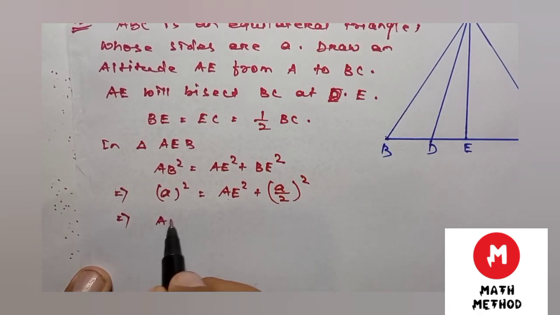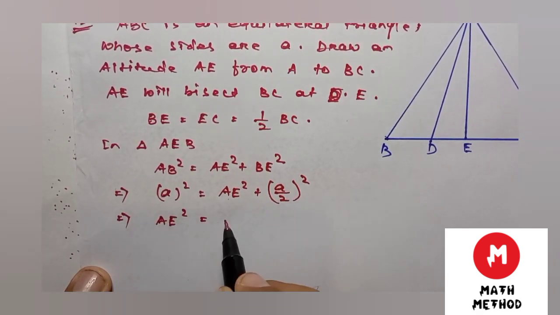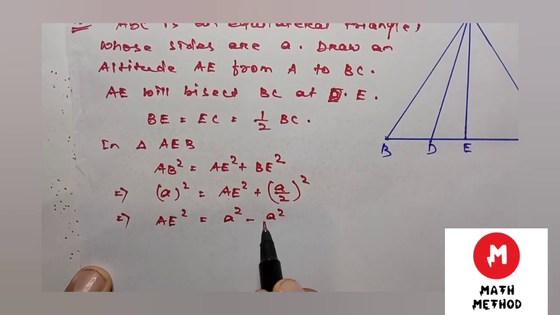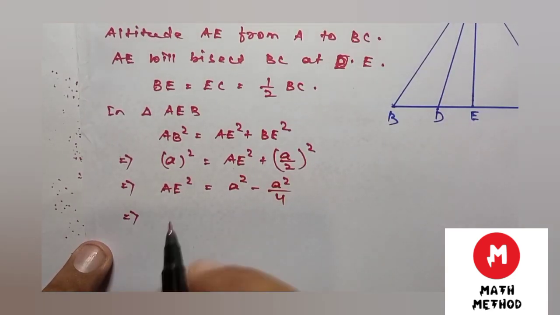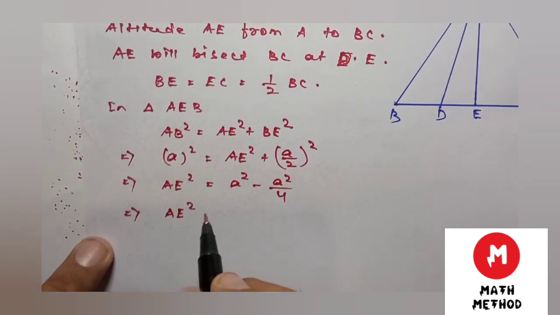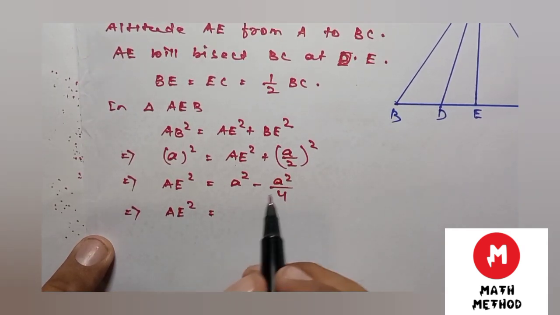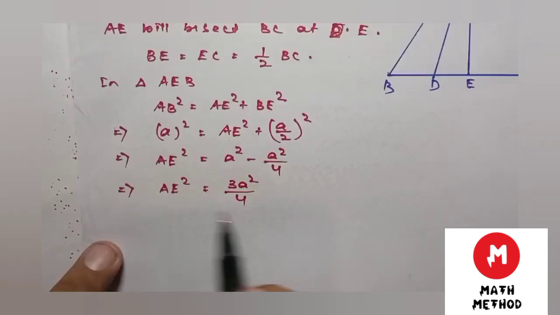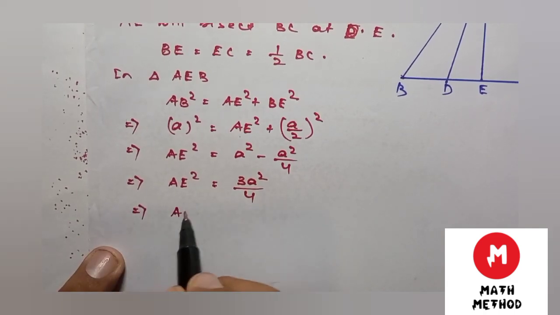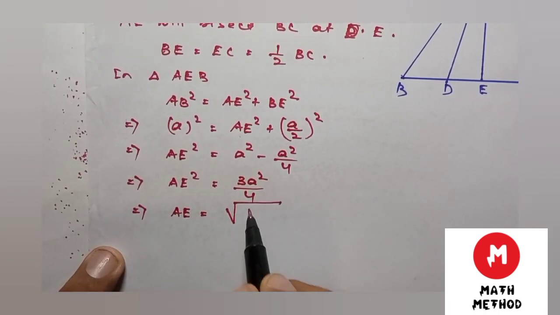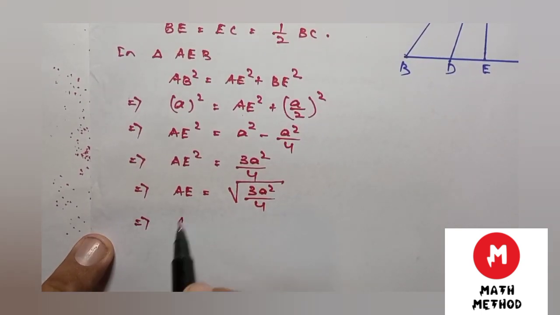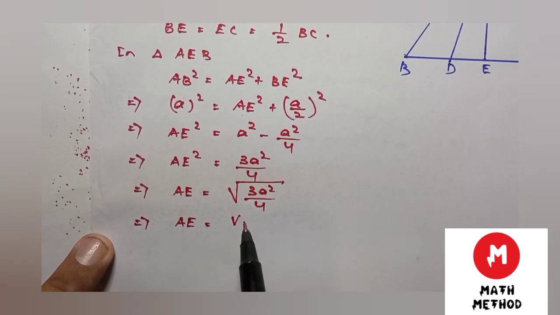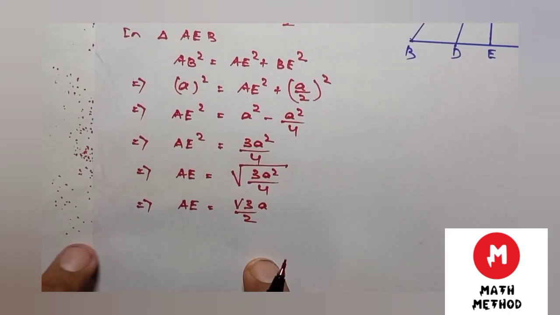This implies AE square is equal to a square minus a square upon 4, which is 3a square upon 4. This implies AE is equal to root over 3a square upon 4, so AE is equal to root 3 a upon 2, which is root 3 by 2 into a.